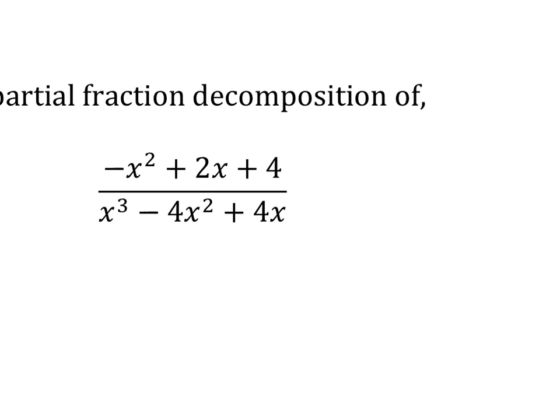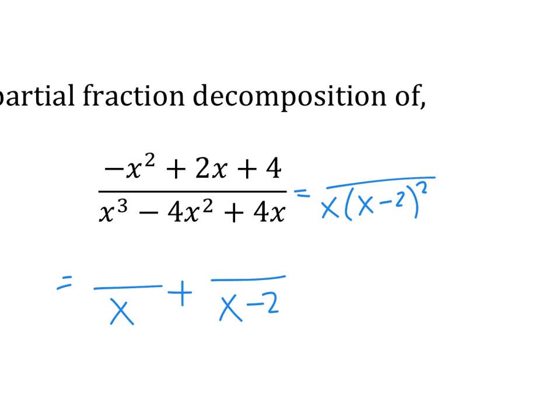When we factor this, we get x times x minus 2 squared. So that's going to be x, x minus 2, x minus 2 squared. A, B, C, because they're all linear factors or a repeat of linear factors.